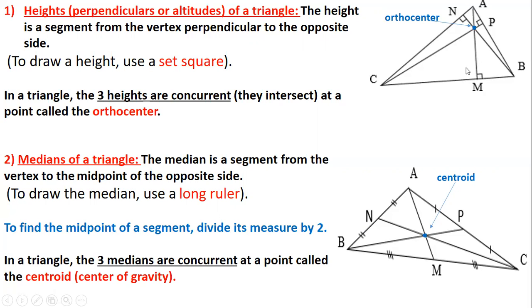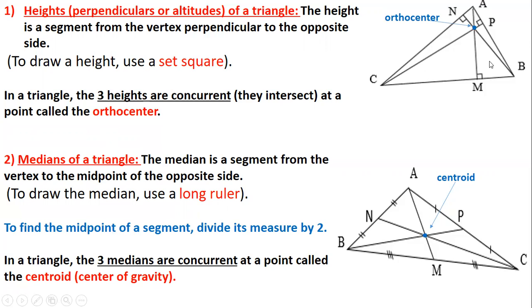I use the set square, I put it on BC, passing through A, and I draw a perpendicular. This is the mark of the perpendicular that you should do after drawing a height. And from vertex B, I can draw a height to the opposite side AC. From vertex C, I can draw a height to the opposite side AB.